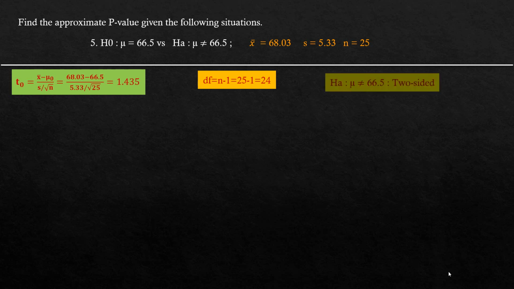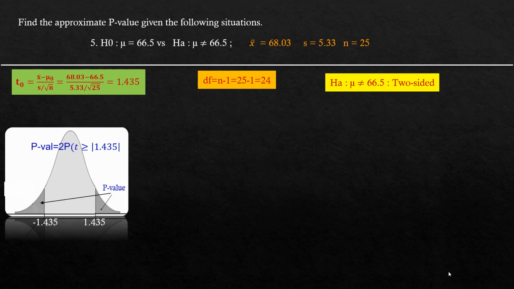So how do we find the p-value? The p-value is 2 times the probability that t is greater than or equal to the absolute value of 1.435. So the p-value is the area under the curve to the left of negative 1.435 and to the right of positive 1.435.